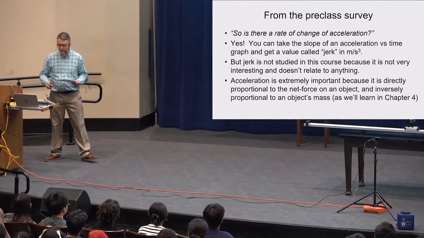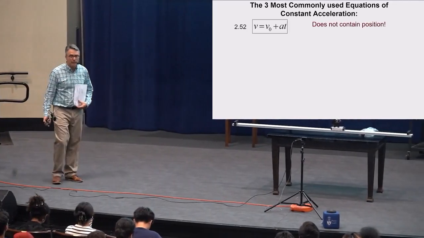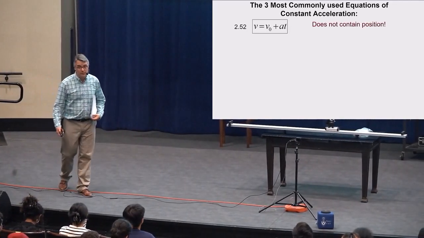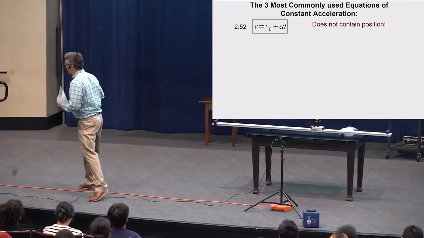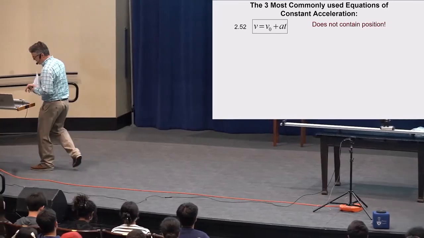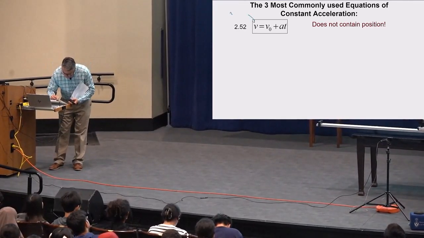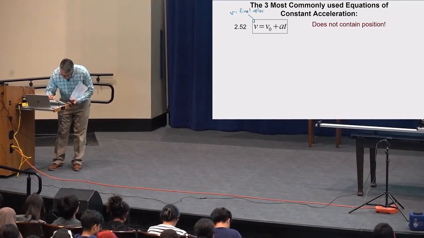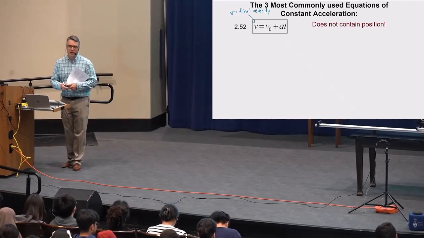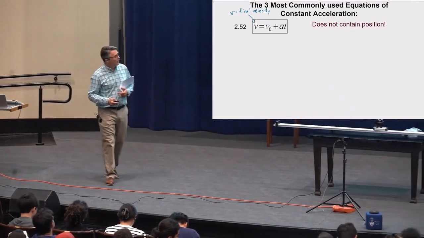So there's some equations. They're derived in the textbook, so I'm not going to go through the derivation. I'm just going to show them. There's equation 2.52, which says v equals final velocity, and v0 means initial velocity, so they don't put a little f on the v.